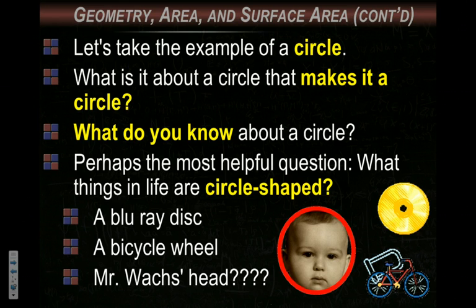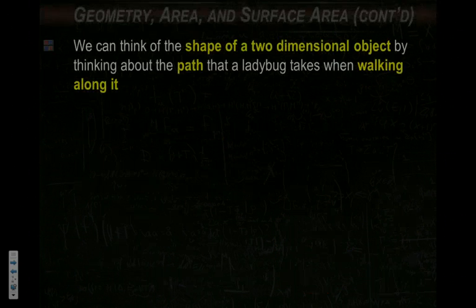Does it have edges? It kind of has one edge. No straight lines, okay? I think you guys are definitely in the right ballpark. You're definitely giving great descriptions of the circle.